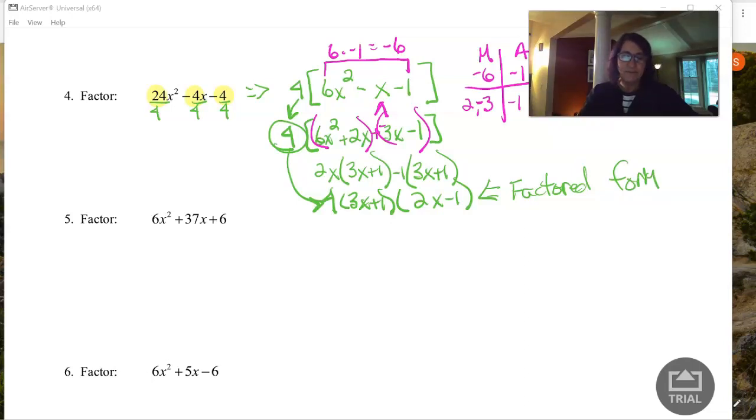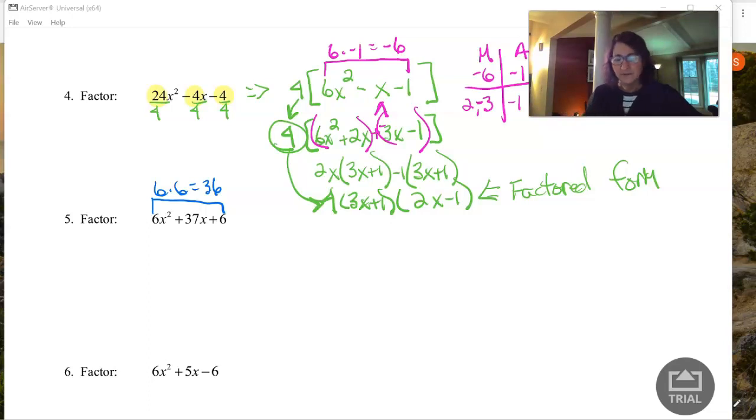Okay, let's go ahead and try our fifth one, example number 5. I look to see if I have any greatest common factors. I do not. And so I'm going to go ahead and do 6 times 6, which is 36.